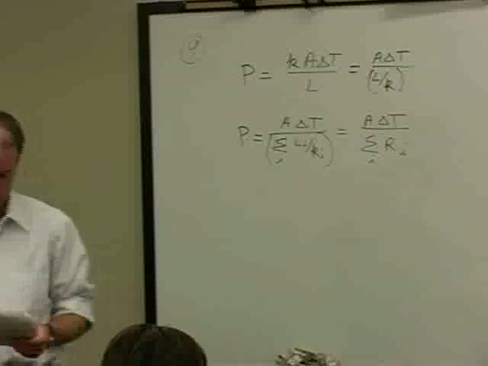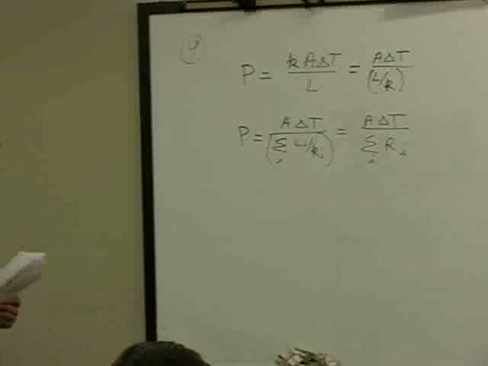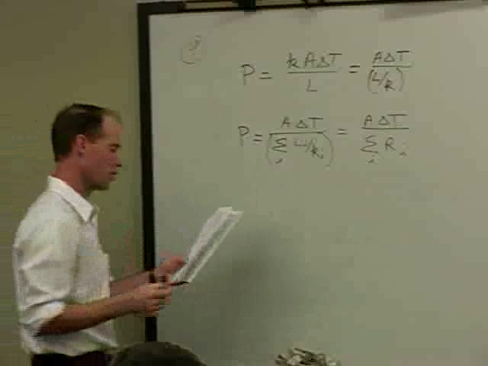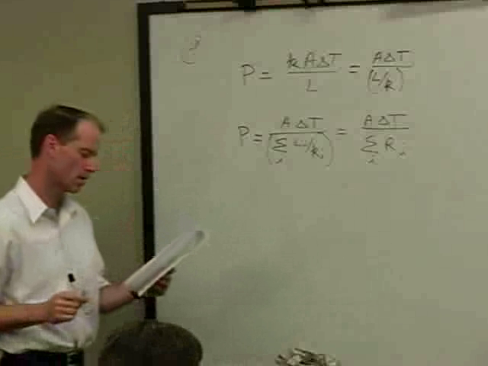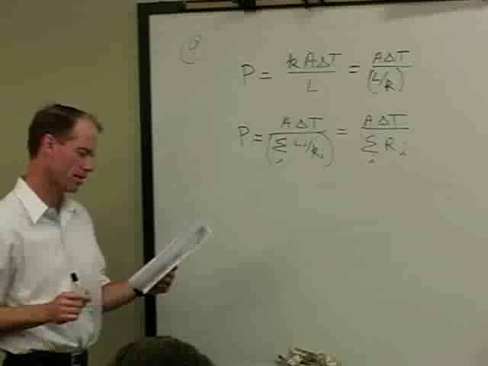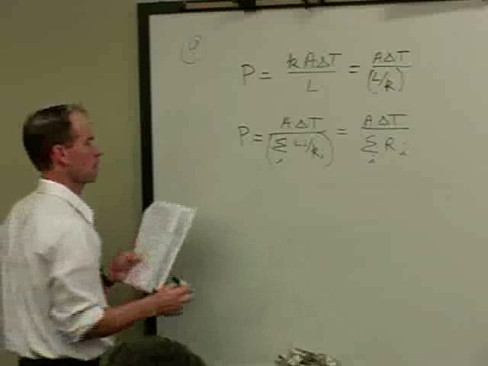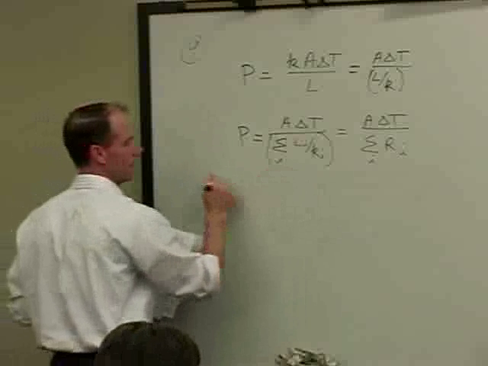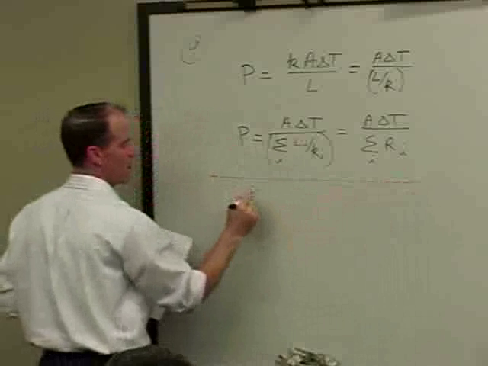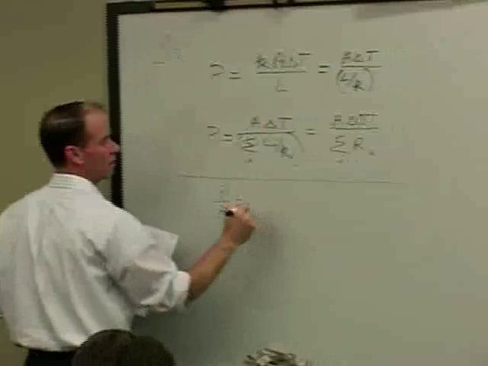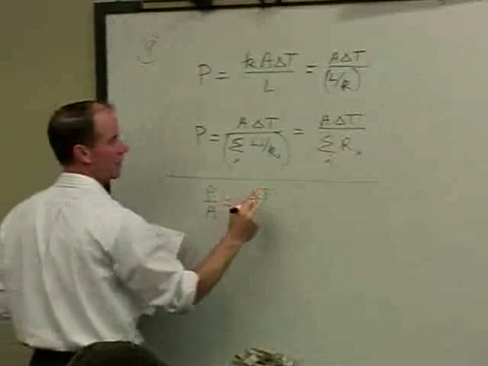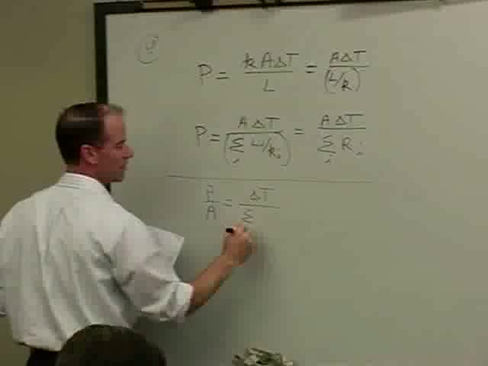So in this case, we have change in temperature. Everything's in British system units, and we want to find the power per area. Rearranging this, the power per area is equal to the change in temperature over the summation of the R values.